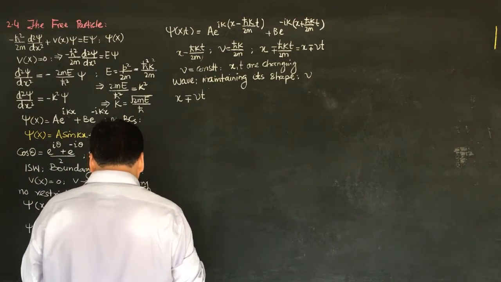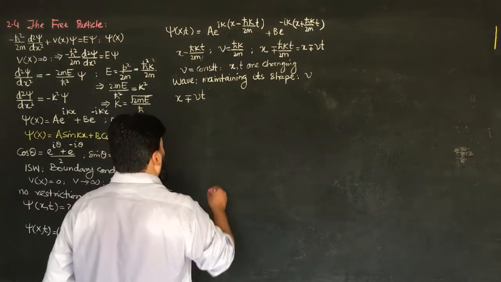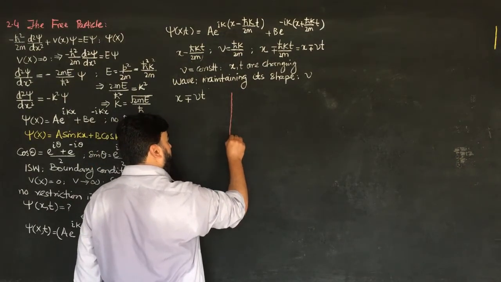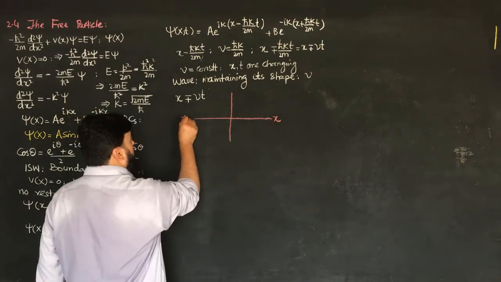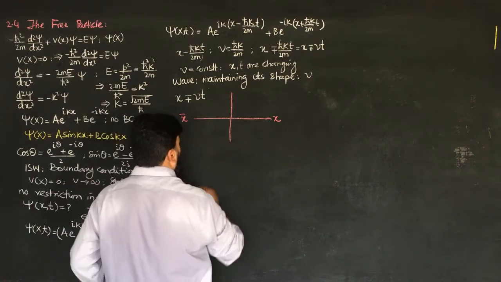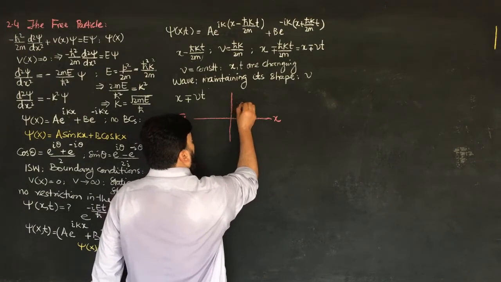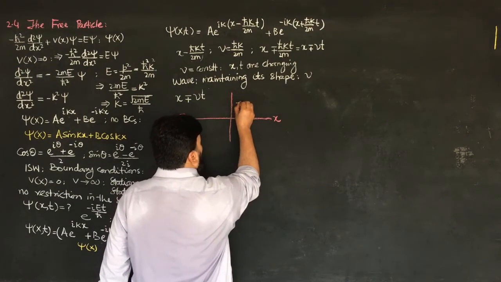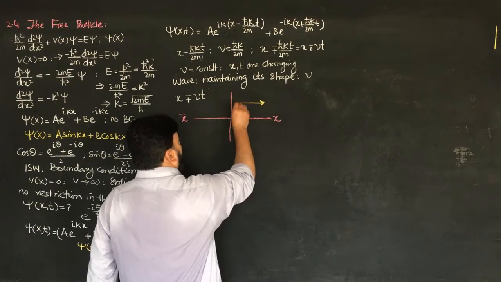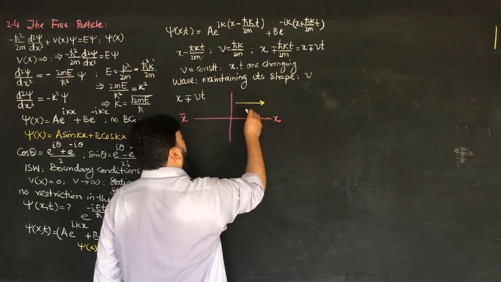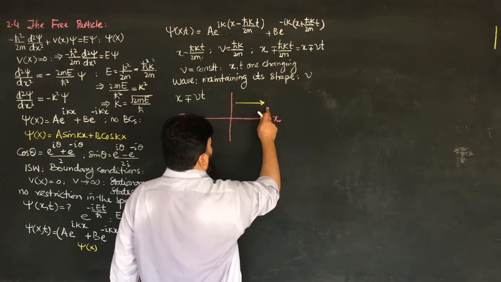So let me further explain how this wave function is behaving. Let's consider a coordinate system, and along this axis we have positive x and this negative x, and our wave is going this way. Then what will happen? If it is going this way, then x is increasing with time.